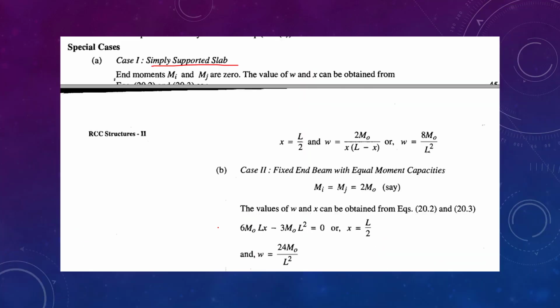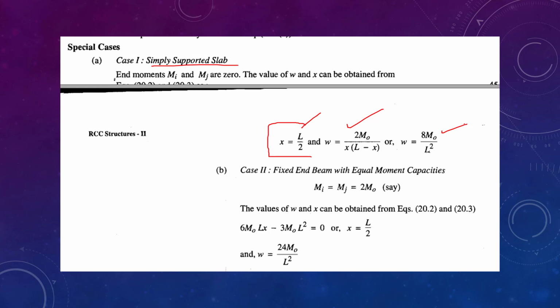Substituting the values, we will get the solution of x as L by 2, like the normal beam, simply supported beam with UDL. We have the positive bending moment at the mid span. X is L by 2, and W is equal to 2 M0 by X into (L minus X), which is equal to 8 M0 by L square.